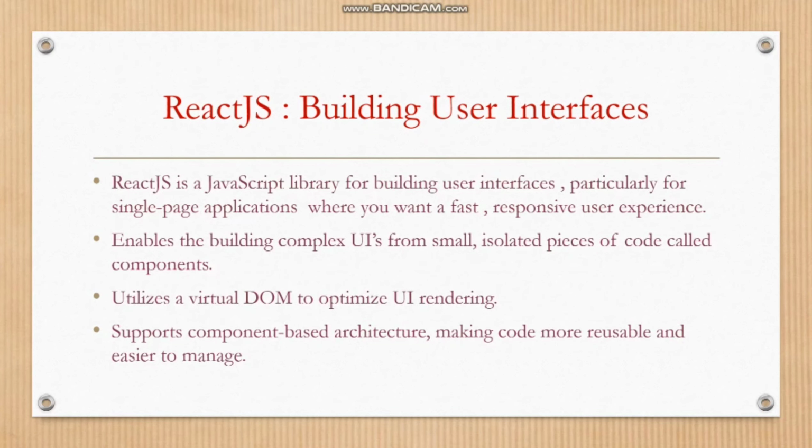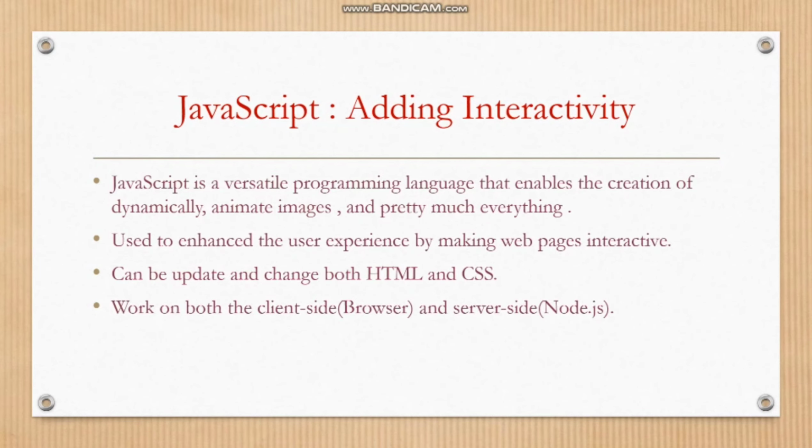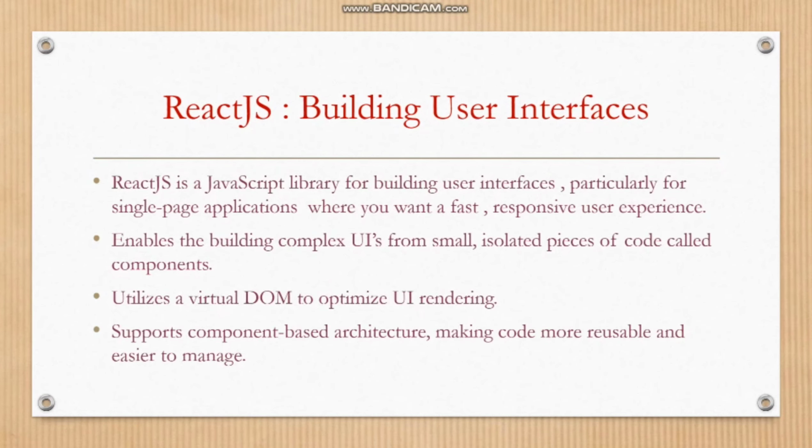Now let's move on to React.js. What is React.js? React.js is basically a JavaScript library used for building user interfaces, particularly for single page applications where you want a fast and responsive user experience.